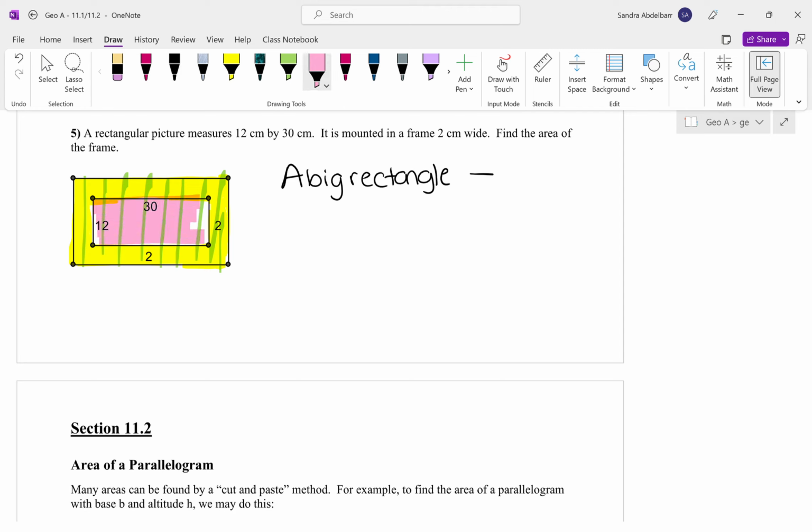And if I find the area of the small rectangle, it's just this, right? Which is too small. So what are we going to do? Area of the big rectangle minus the area of the small rectangle. And wouldn't that just leave us with the yellow shaded area? So this is our plan.